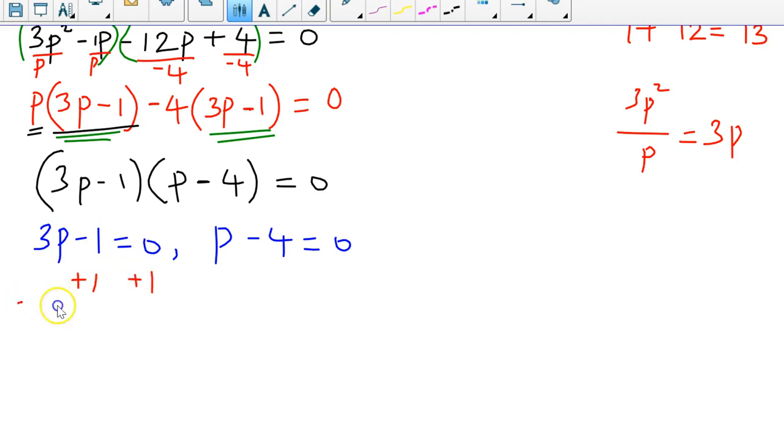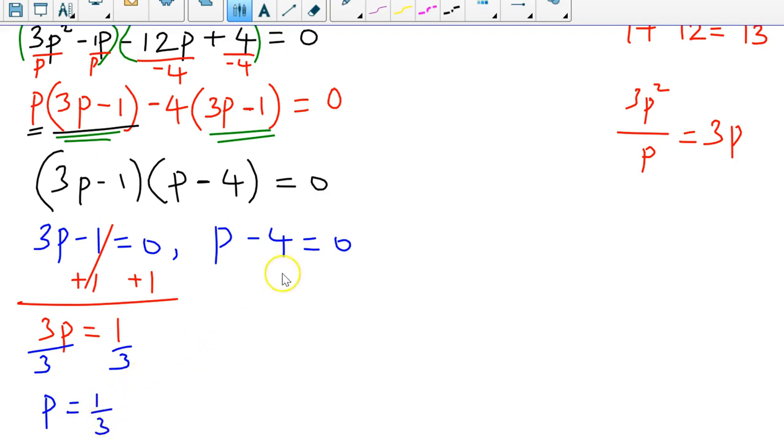So I'll add 1 to cancel off that whole thing. 1 and 1. Leaving behind 3p is equal to 1. Then divide by 3. Divide by 3 gives you p is equal to 1 over 3.